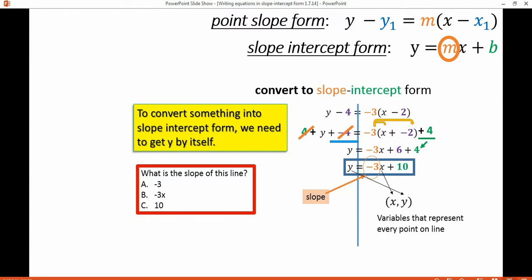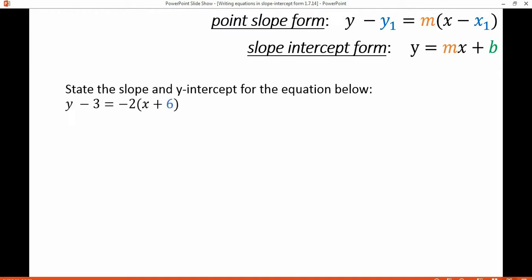That's not part of the slope. Variables represent every point on the line, but our slope tells us our rate of change. How much do we have to multiply the x-coordinate to get to the y-coordinate? Obviously, 10 is our y-intercept, and A is going to be our only resulting answer choice.